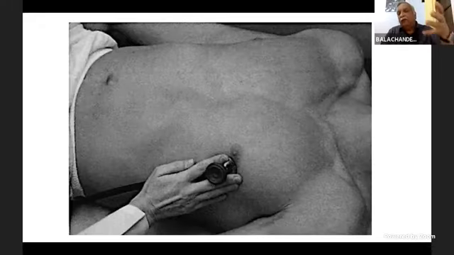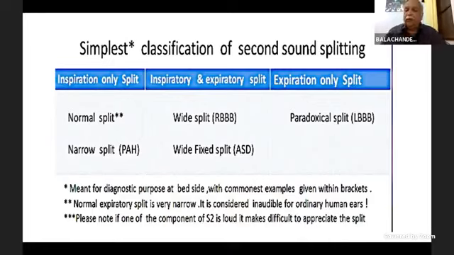A normal split is inspiration only split. So when the second heart sound is split only in inspiration, it could be a normal split, it could be a narrow split due to pulmonary arterial hypertension. But remember, if one of the sounds is loud, it makes it difficult to appreciate the split. If P2 is very loud, narrowly split, you cannot really appreciate the splitting of the second sound.